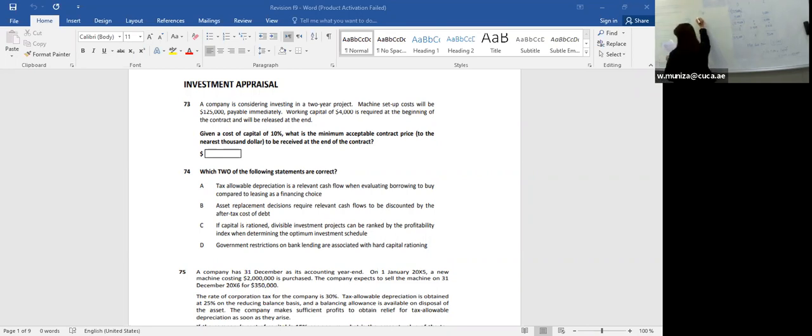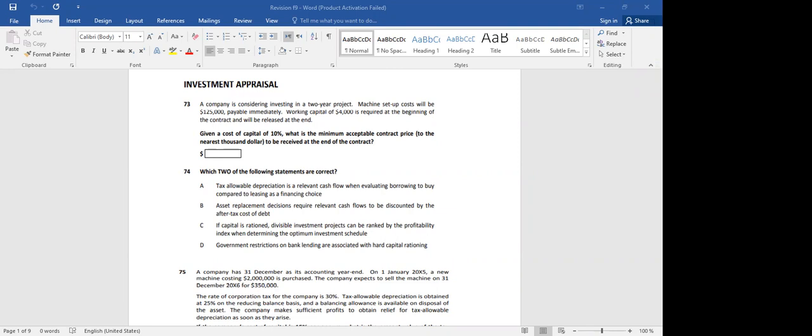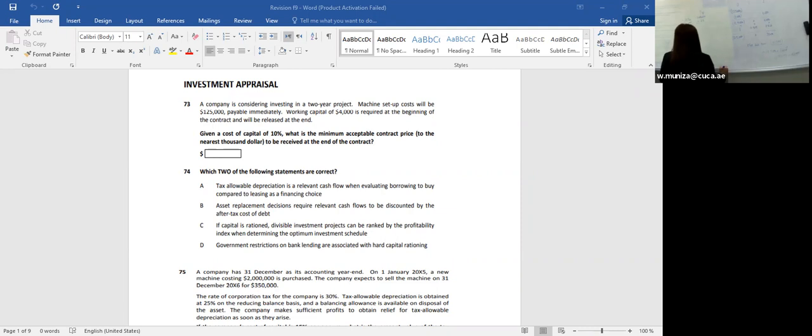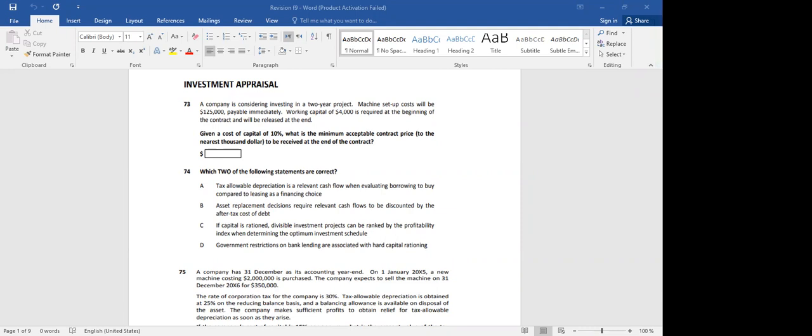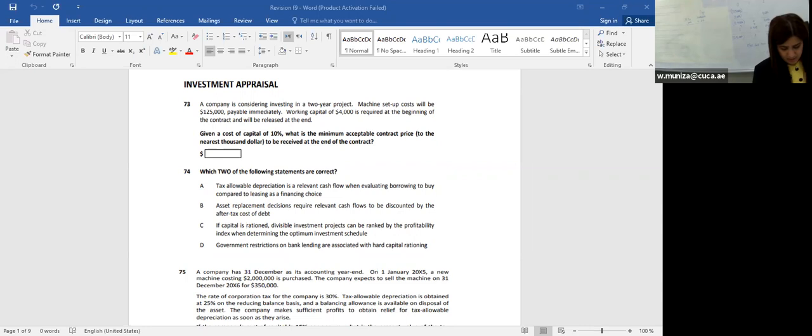The cost of the machine is 2 million, is it, Angelika? So on this 2 million, how much depreciation is there? 25%. How much is it? 500,000? Yeah, 500,000. 2 million multiplied by 0.25.